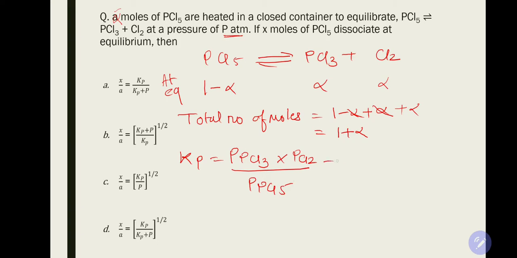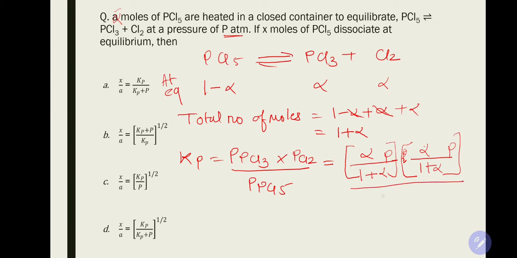The partial pressure is the number of moles upon total number of moles into P. So for PCl3 it is alpha upon 1 plus alpha into P, and for PCl5 it is 1 minus alpha upon 1 plus alpha into P.